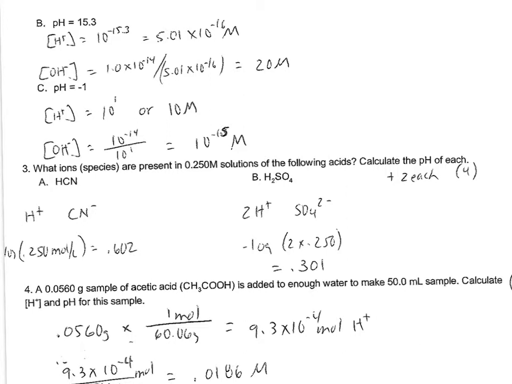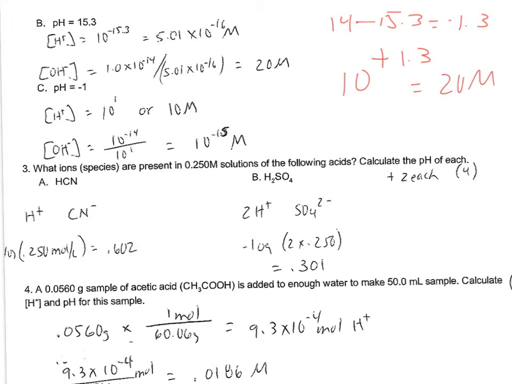But if I had taken 14 minus 15.3, I would get a negative 1.3. And if I take 10 to the negative 1.3, when I punch that into my calculator, I get 19.95 or 20 molar, just like I did doing it the other way.